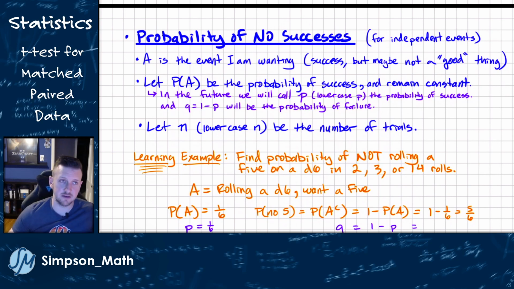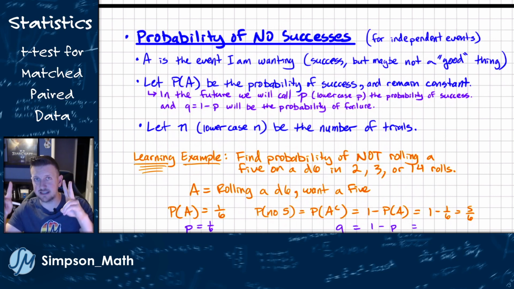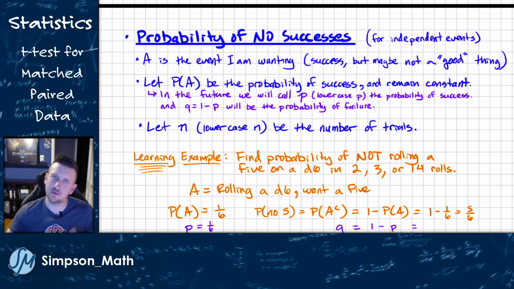When you test positive for COVID or for some virus, the test is identifying a success because it found what it's looking for. That's why we deem it a positive result, but that doesn't necessarily mean it is a good thing. So success is I found what I'm looking for. Failure is I did not find what I'm looking for. So don't remove any good or bad connotation from that.